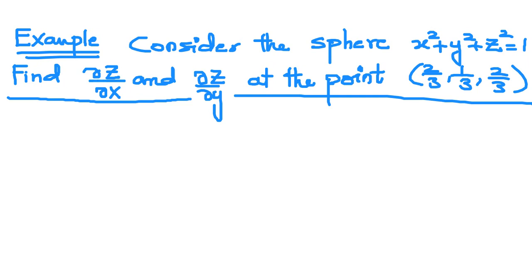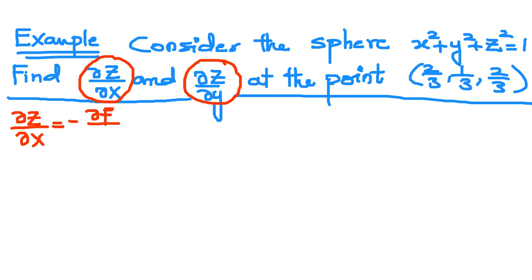Now for the partial derivative of z with respect to x and z with respect to y, we have a formula. So what is that formula? The partial derivative of z with respect to x is equal to minus the partial derivative of f with respect to x divided by the partial derivative of f with respect to z.